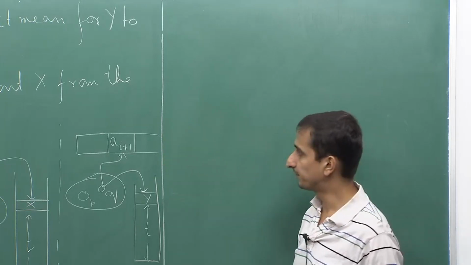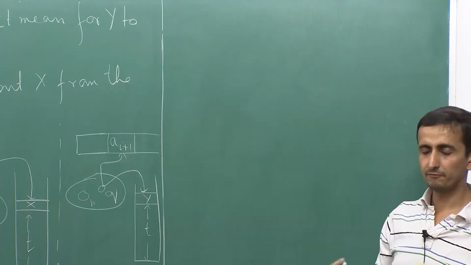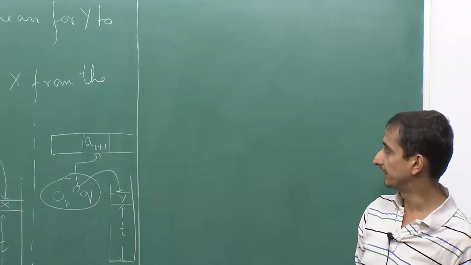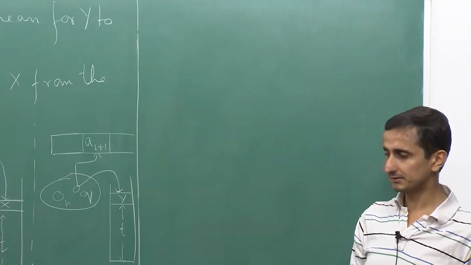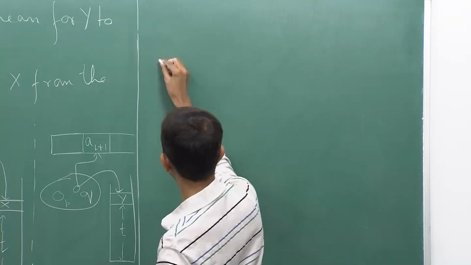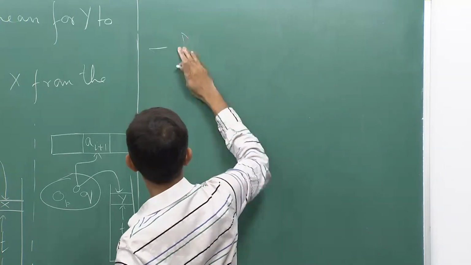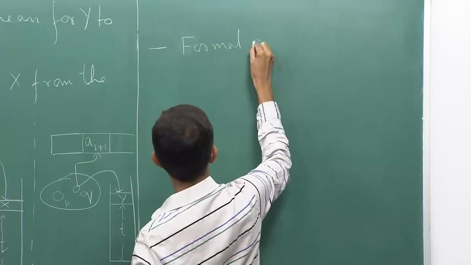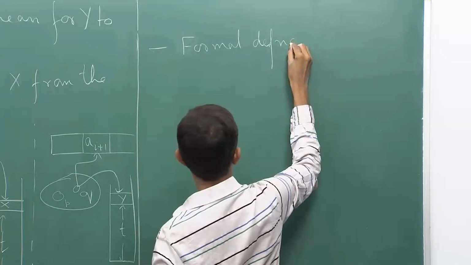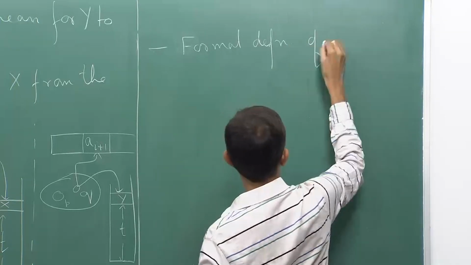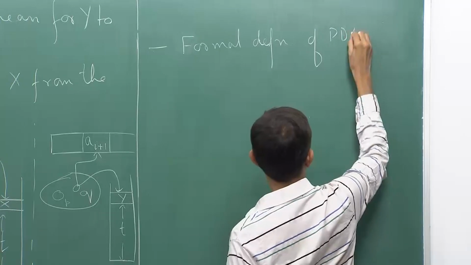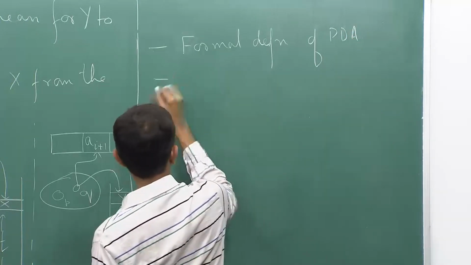Okay. So, let me give a brief view of what we are going to see in the next lecture or in the next few lectures. So, next we will see a formal definition of push down automata.